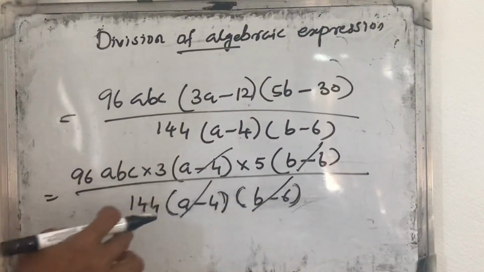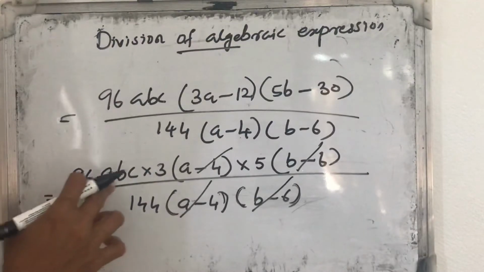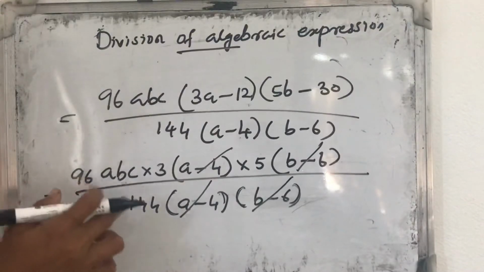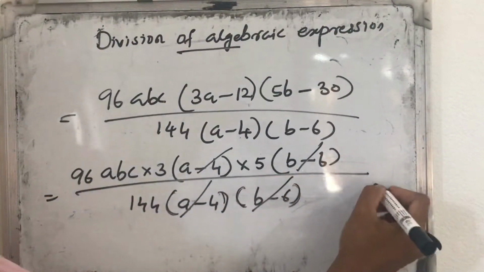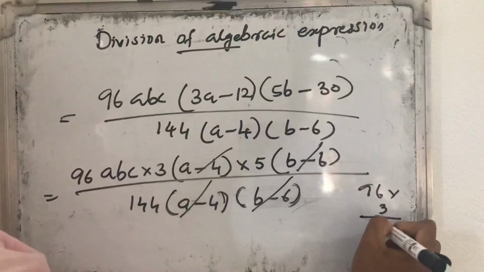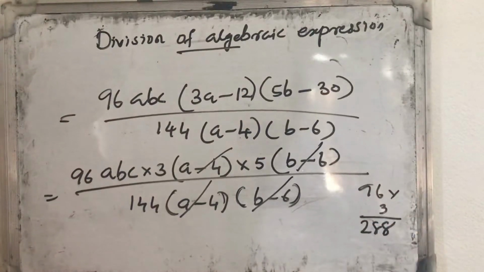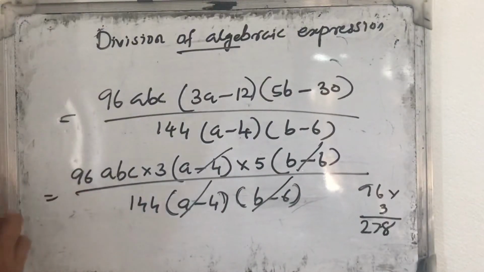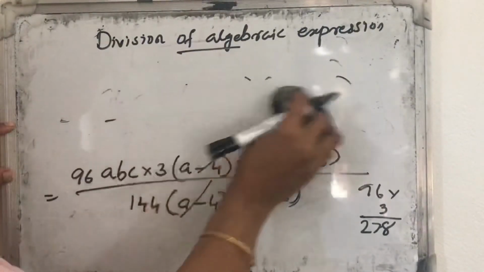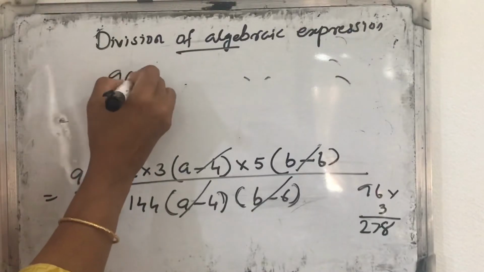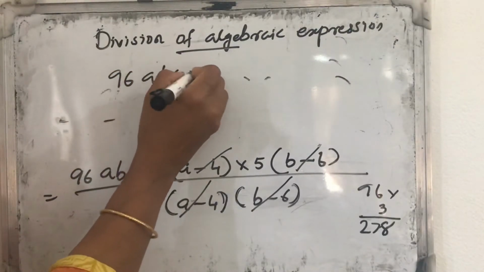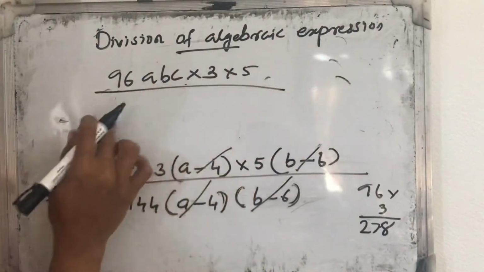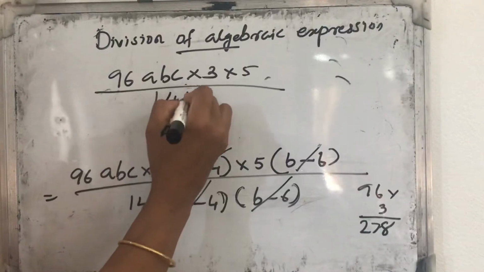Now what is remaining? 96 into 3 into 5, and abc also. Otherwise we can factorize 96 and write the remaining parts here: 96abc into 3 into 5, divided by 144.